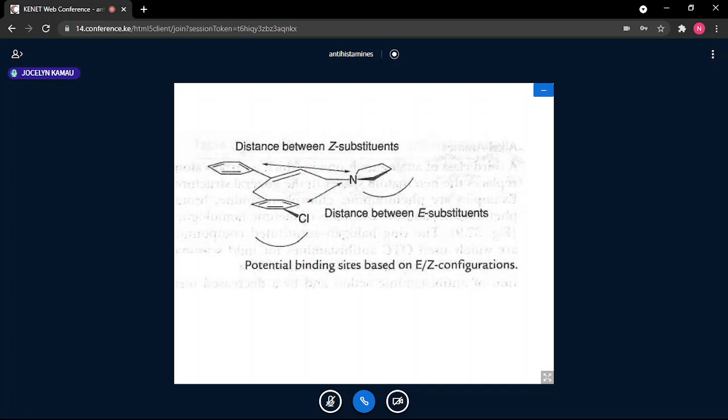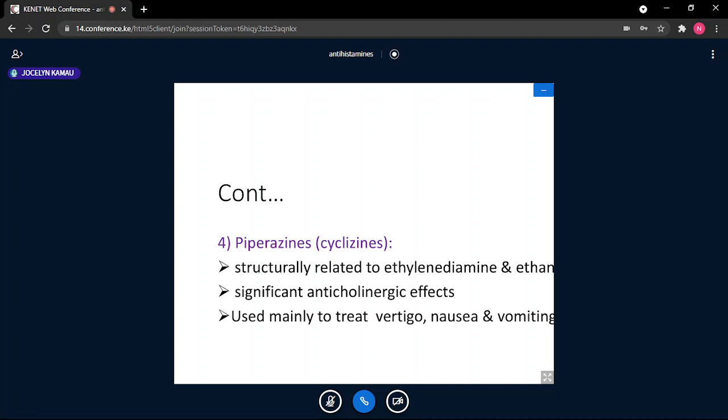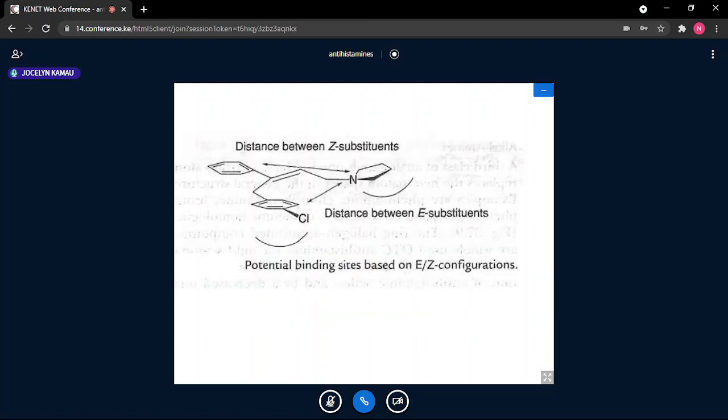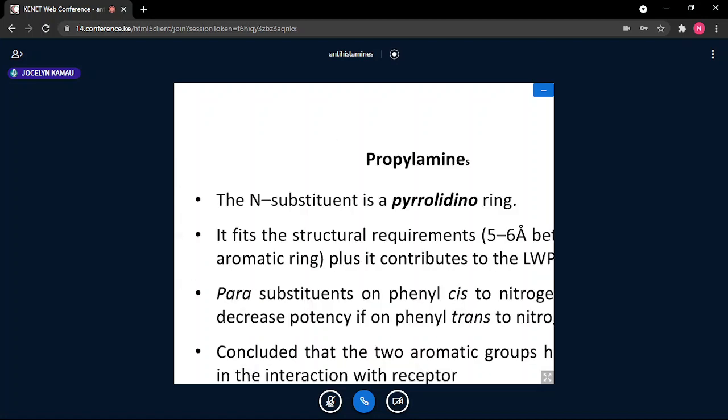So again, we are saying the cis isomer, not the Z isomer, sorry. The trans isomer, which is the E isomer, gives us the correct distance whereby it can optimally bind the receptor.